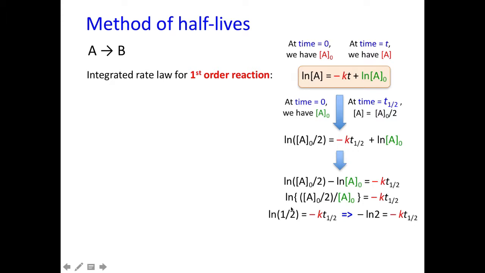So the minus 1 can go out of the logarithm and multiply the logarithm. So now I have minus 1 multiplied by ln of 2 equal to minus k t half. And I multiply this expression by minus 1 to finally get an expression for t half for a first order reaction. So first we can see that t half is constant, doesn't depend on any concentration in this case.